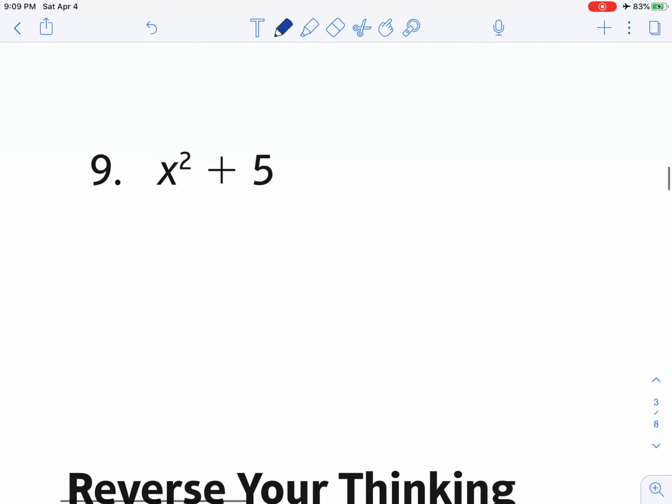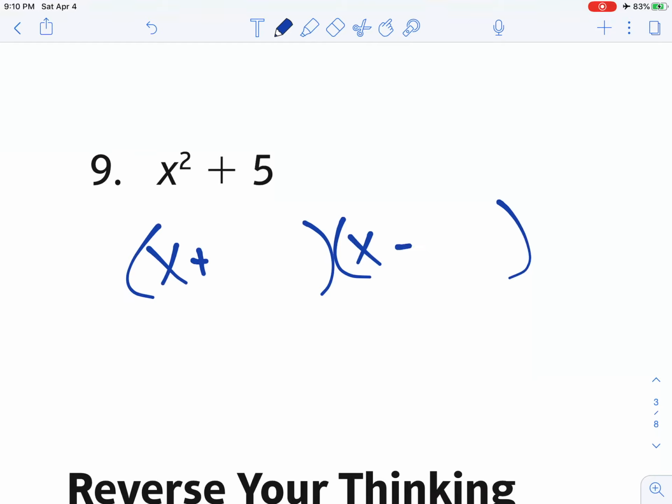Okay. Now, this one's a little bit different, but not really. We still have our x and a plus and a minus. The thing is we can't take the square root of 5, so we have to have the square root of 5 with an i, like so.